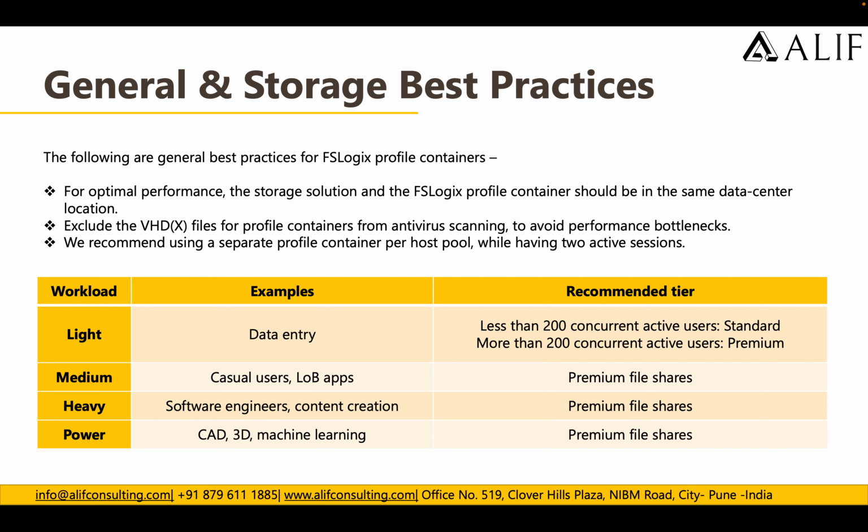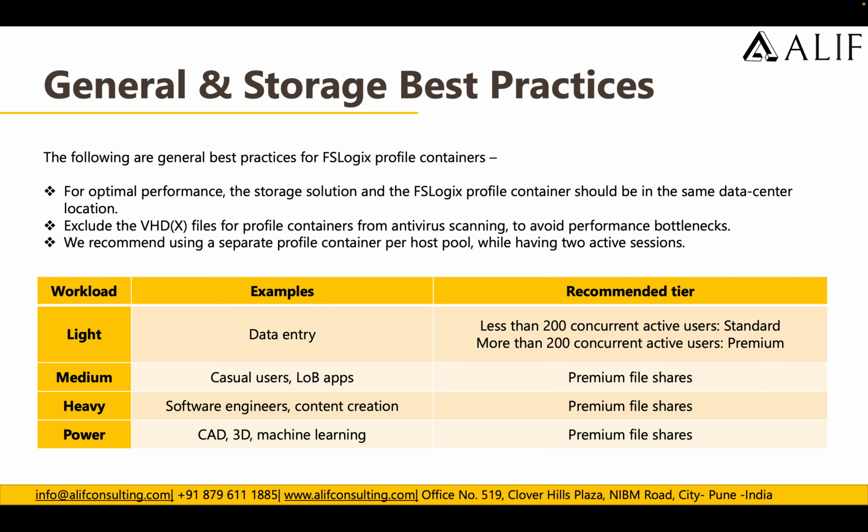Apart from that, there is a storage recommendation for light users, medium users, heavy users, and power users, and each has a separate storage recommendation, right? For light users, if your concurrent connections are more than 200, go with premium. If your concurrent connections are less than 200, go with standard.